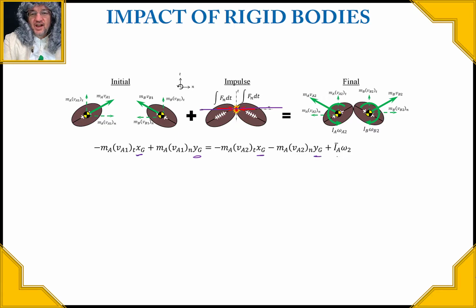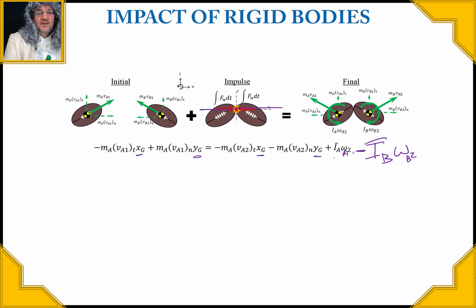I also need to have I_B omega 2, and this should probably be A2, and this should be B2, but they're probably going to be equal and opposite. A looks like it's going counterclockwise, so that one must be clockwise.